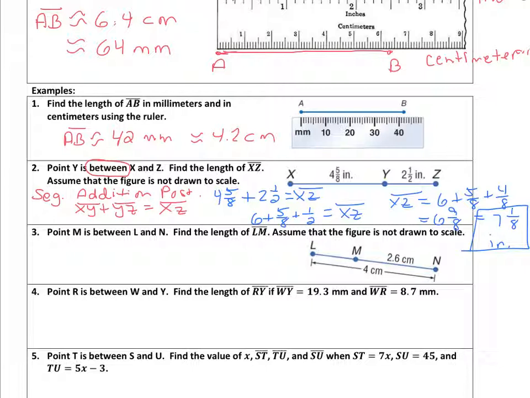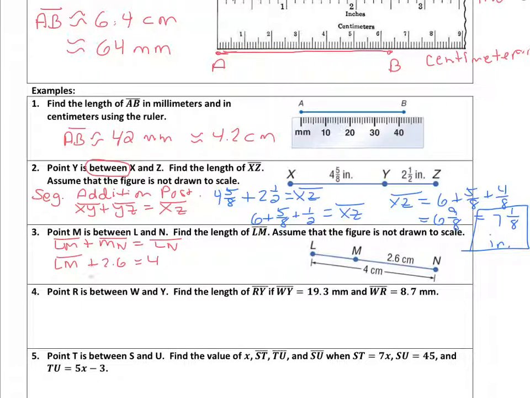If point M is in between, then segment LM plus segment MN is going to equal the whole, which is LN, and substitute. We don't know what LM is, but we do know that MN is 2 6/10, and that the whole is 4. So I'm going to subtract 2 6/10 from both sides of the equal sign.